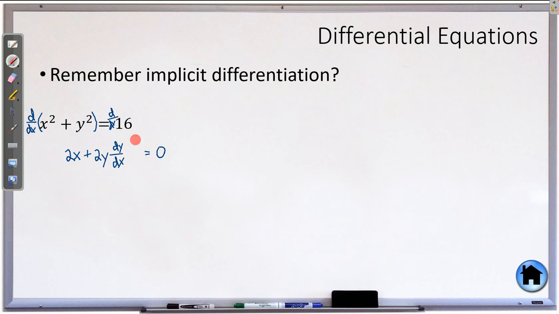Then we usually get dy over dx by itself, so subtract the 2x and divide by the 2y. We'll have dy over dx is equal to negative 2x over 2y. And if you want, you can cancel out the 2's. So dy over dx is equal to negative x over y.